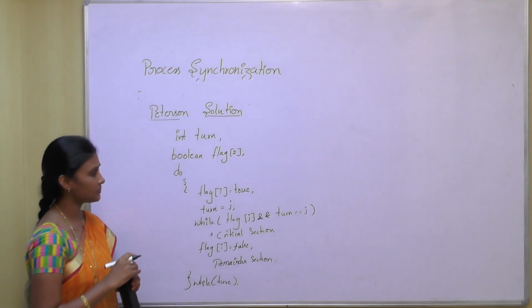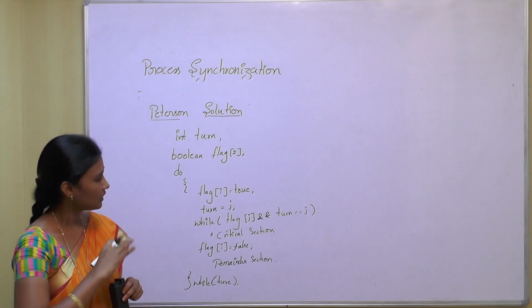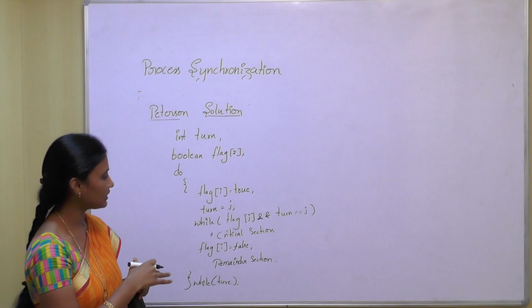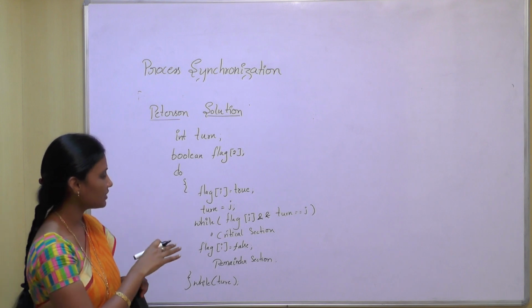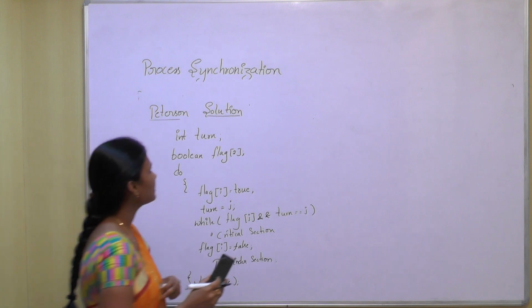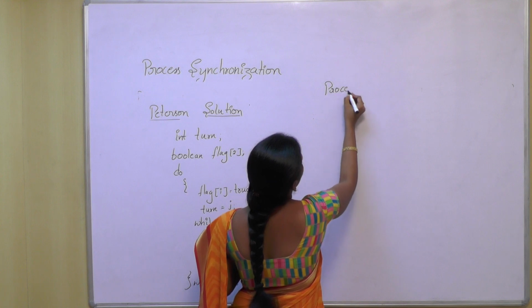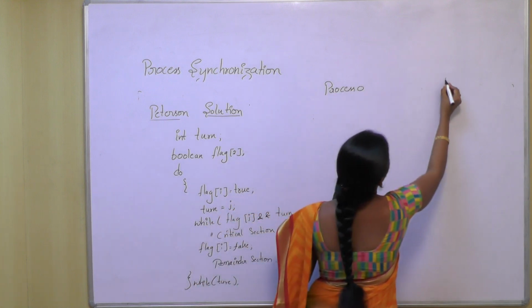With this, I'll explain how, if one process is in the critical section, mutual exclusion means we should not allow another process to enter into that critical section. So here consider two processes, process 0 and process 1.